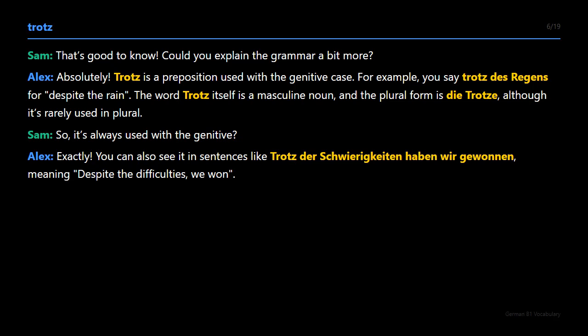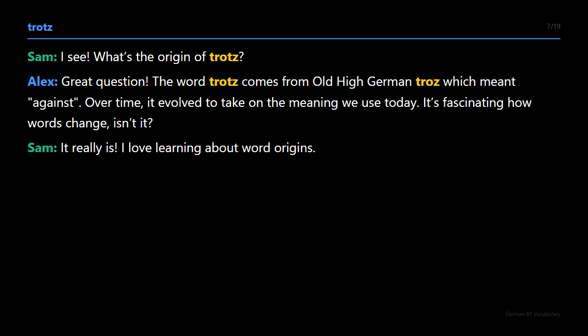I see. What's the origin of "Trotz"? Great question. The word "Trotz" comes from Old High German, "Trotz", which meant against. Over time, it evolved to take on the meaning we use today. It's fascinating how words change, isn't it?